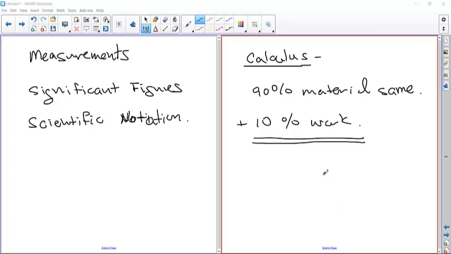Now, even in a regular class, we'll be doing a little bit of calculus, because 95% of the people in the class are taking calculus, so we don't want to waste that opportunity. It won't be as intense, and that's why there's the additional material for the calculus-based portion of the class.